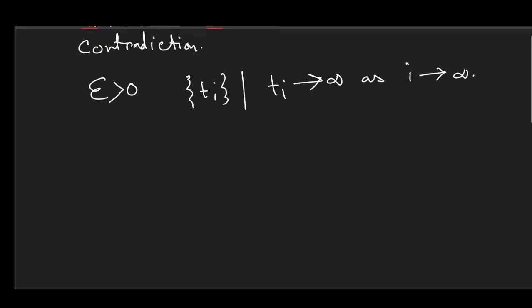If it is not true, then we'll have some epsilon greater than 0 such that we will have a sequence t_i with t_i tends to infinity as i tends to infinity, where we will apply that the distance of x(t) from L plus is at least epsilon.